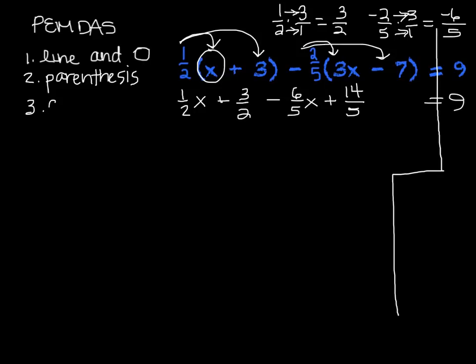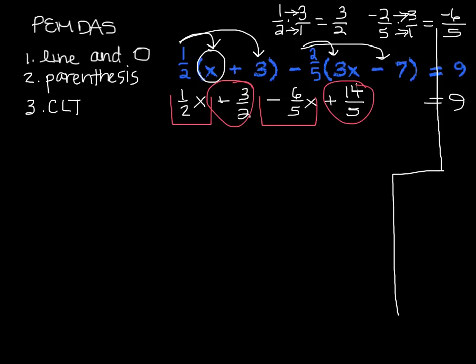The next thing I'm going to do is combine like terms just like before. This and this term would be alike, and the 3/2 and the 14/5. Now, if we were going to add these by hand, we would find a common denominator. We'll talk about common denominators later, but for now, we're just going to use our calculator and add these.